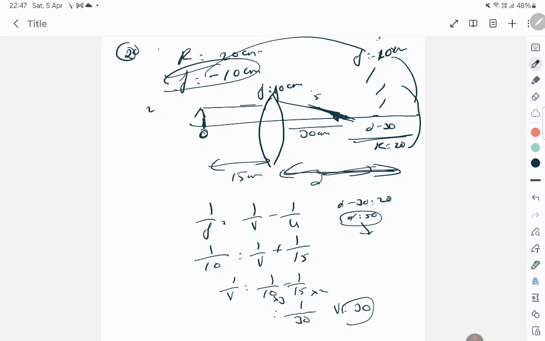Let's see. They haven't given the answer for this. Will the image be real or inverted? So it's going to be the same, because it's going to exactly retrace its path, because any ray passing through the center of curvature is going to exactly retrace its path.